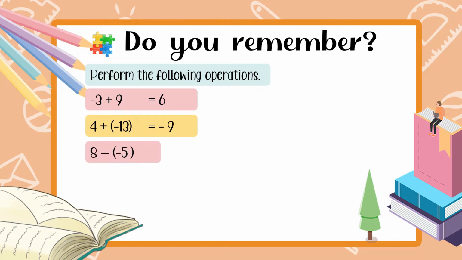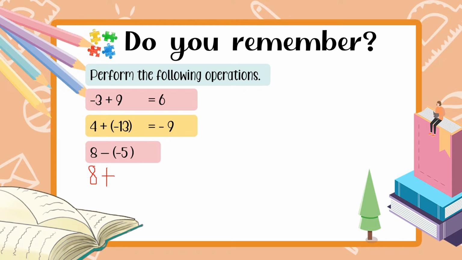Next, we have 8 minus negative 5. So, we have here a minus. So, magsusubtract tayo. And kapag tayo magsusubtract, dapat tandaan ang ko-cha-cha or copy, change, change. So, copy yung first number, 8. Then, change the minus sign to plus sign.